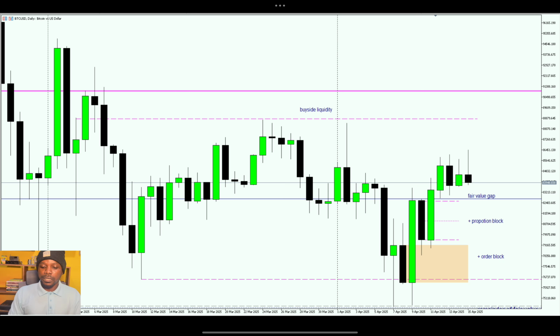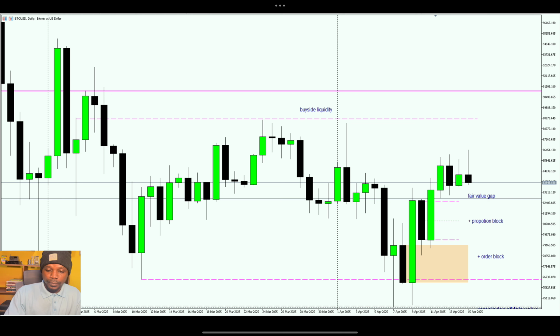Not every order block has a fair value gap before it, but if it has, it makes it more concrete, because there is an imbalance in there that price necessarily needs to trade back into, rebalance the market, and then take it up higher. That is when we have a bullish scenario.